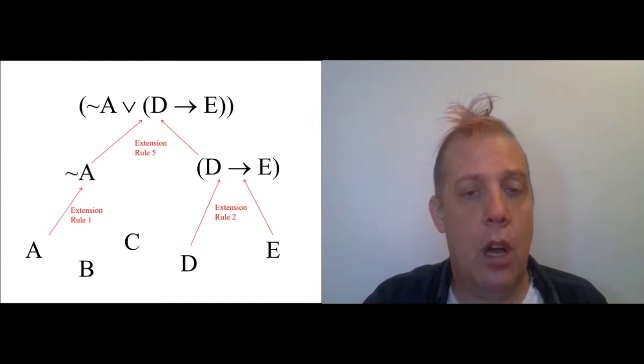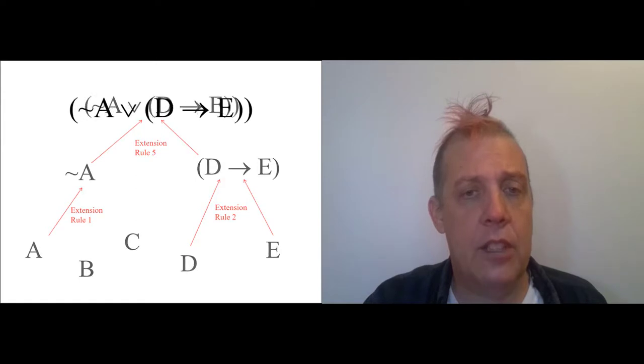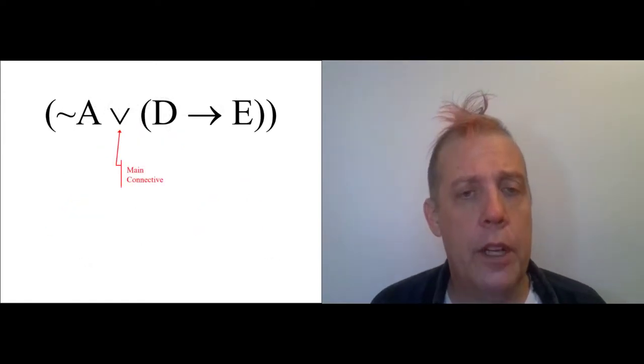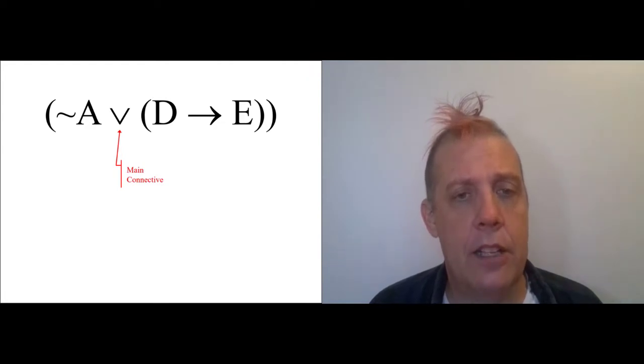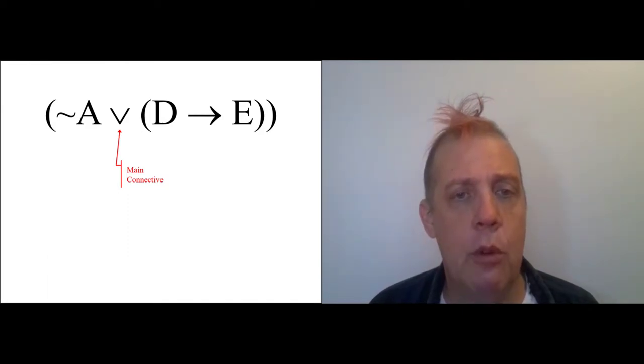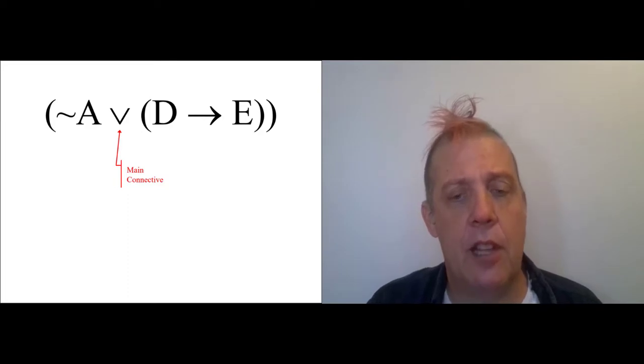So let's take a look at this. The OR here is the main connective. It is the main connective because it is the last connective that we added when we were building up the sentence in layers like that.